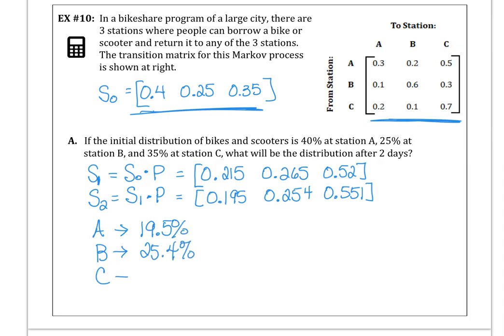And then at station C, we have 55.1%. Make sure that adds up to 100%. 19.5, 25.4, 55.1.